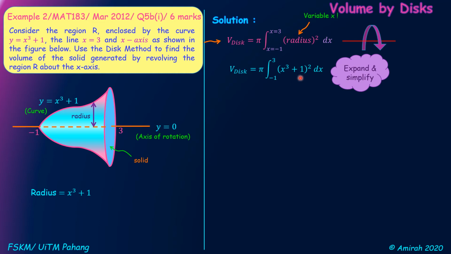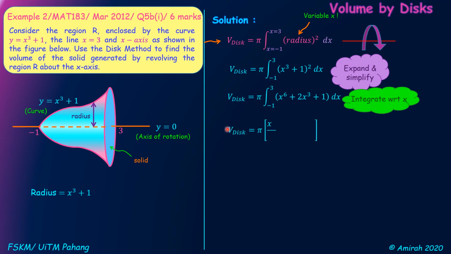After that, we expand and simplify, so we get x to the power of 6 plus 2x cubed plus 1 dx. Then we integrate with respect to x.